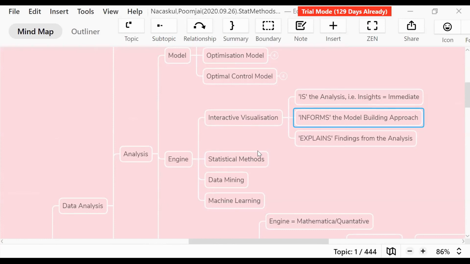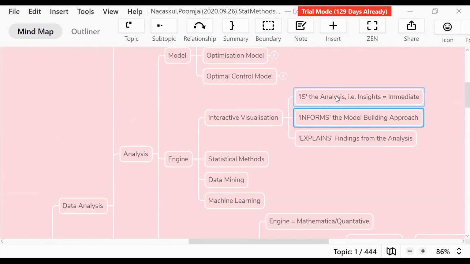You get what I'm trying to say? As a competitor, okay, let's put it out. Visualization can be a competitor to statistical methods and machine learning when the situation is simple.